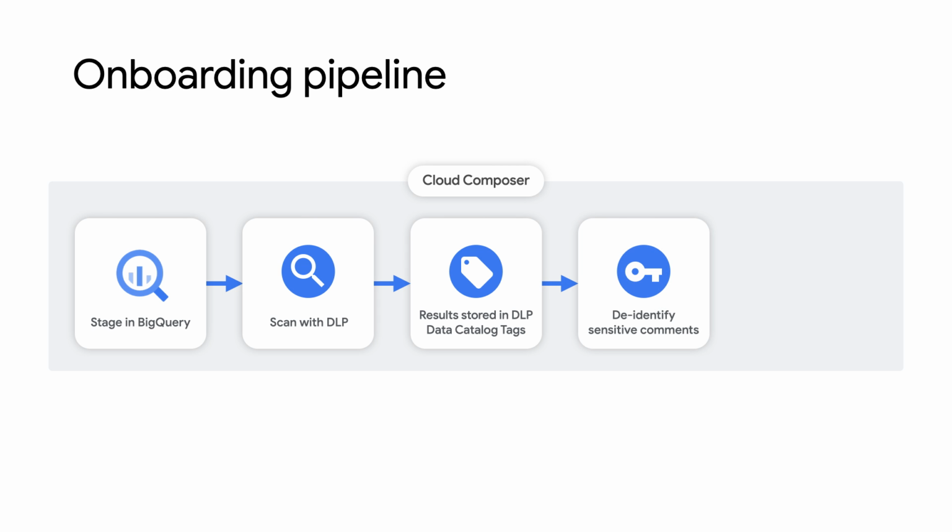If the scan shows that any sensitive information is included in a comment, then you can also kick off a de-identification workflow, where DLP replaces PII with something like an asterisk or a hash symbol. Then the new data is finally appended to the production BigQuery table.